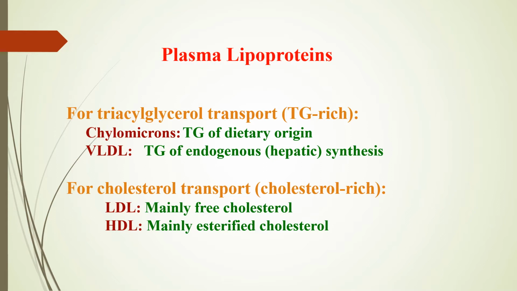Low dense lipoproteins transport free cholesterol, and this is the most dangerous type of lipoproteins. Second is the high dense lipoproteins, which transport esterified cholesterol, and this is known as the good cholesterol.